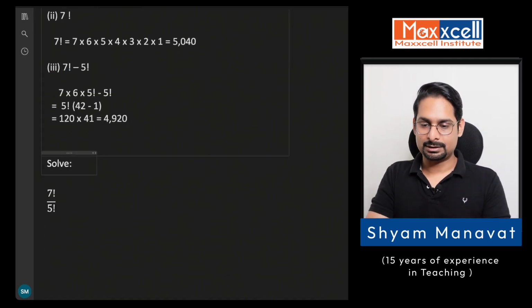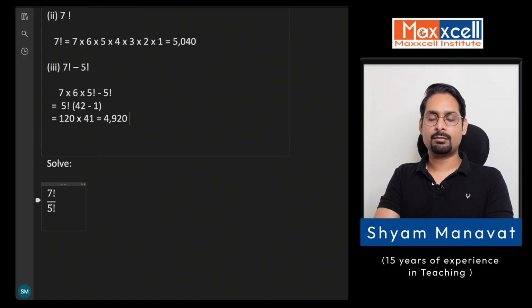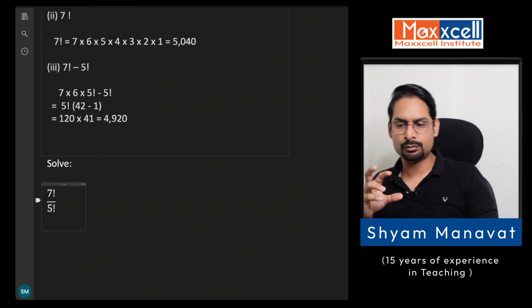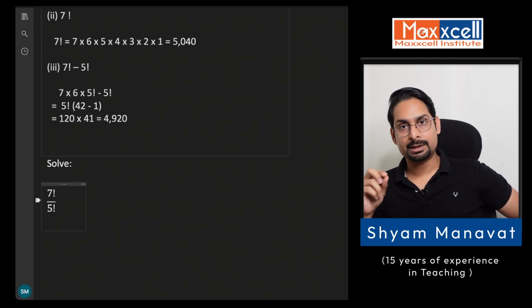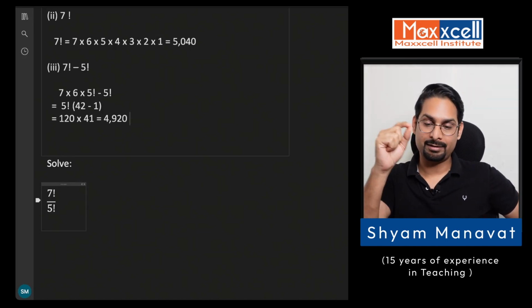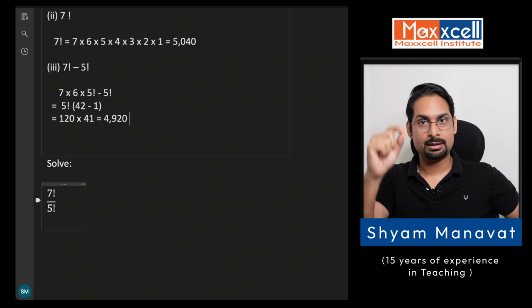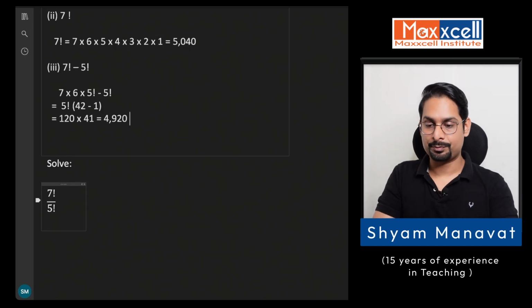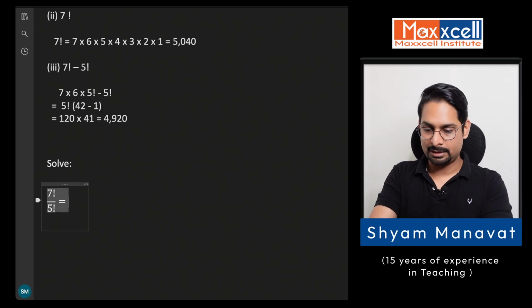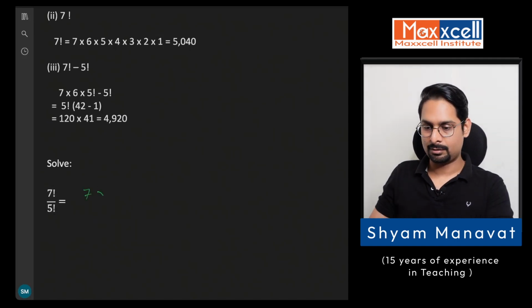Well, next question is 7 factorial by 5 factorial. These kinds of situations you will get a lot in permutation and combination, where you have to divide two numbers which are expressed in factorial form. So what you do in this case, let's write the 7 factorial as 7 into 6 and the remaining values as 5 factorial.